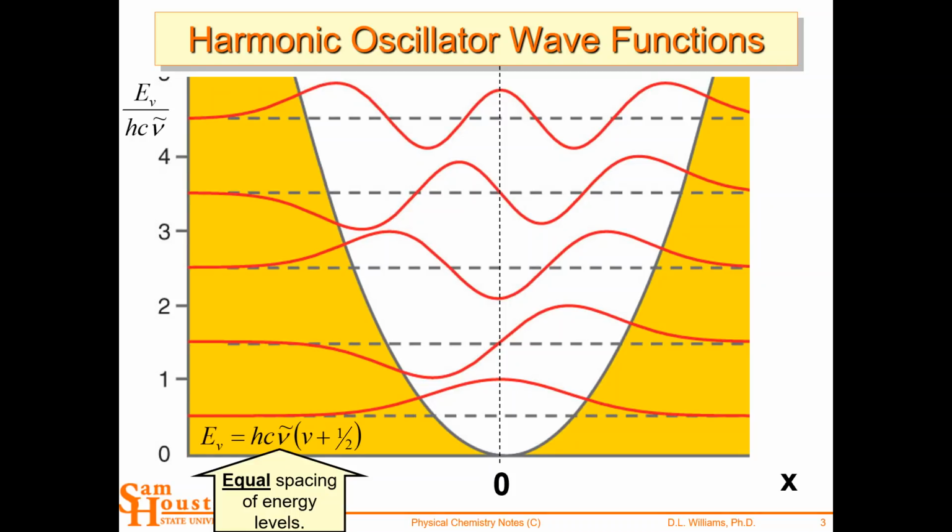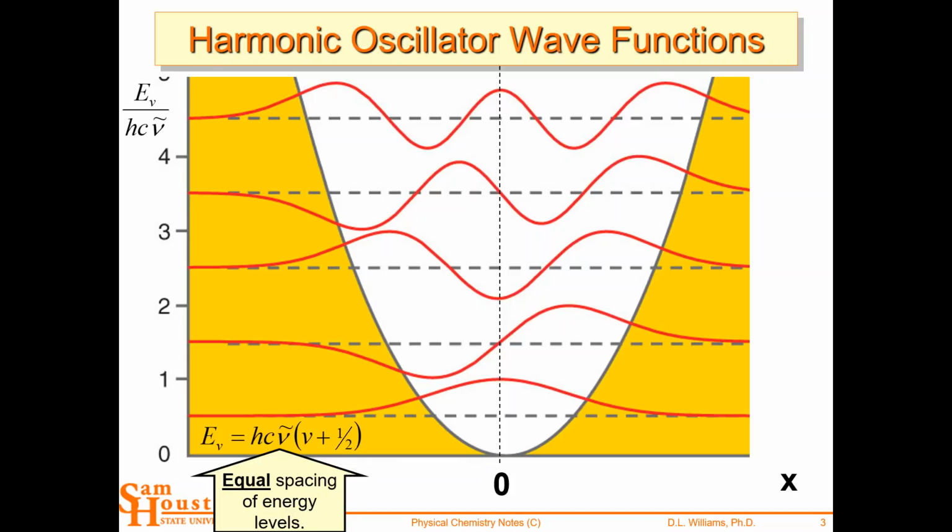There's one important feature. In the particle in a box, we did not have equal energy spacing. Right? The energy went up as quantum number squared. So as n went up, then it was the square of n that caused the energy to jump, because energy was equal to n squared times h squared over 8mL squared. But in the vibrational motion, we have a totally different energy equation and different wave functions.